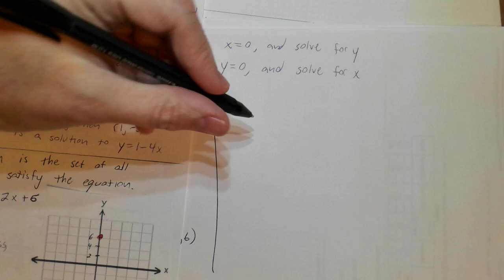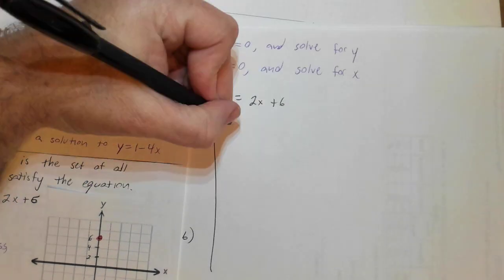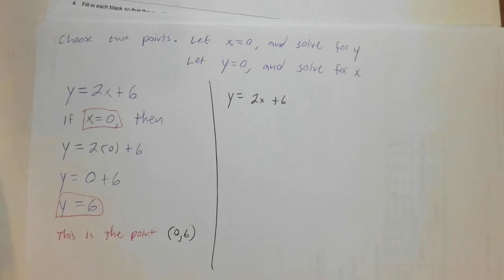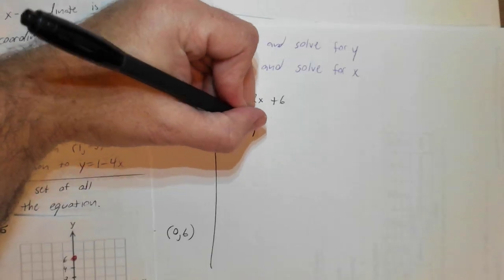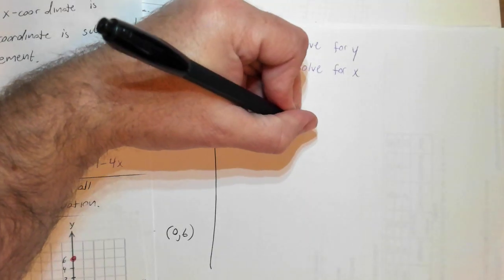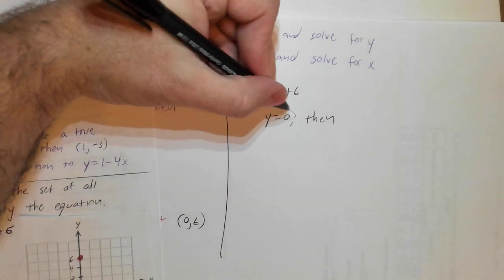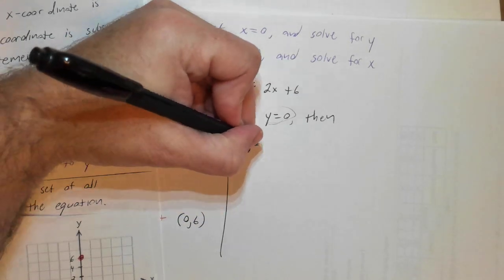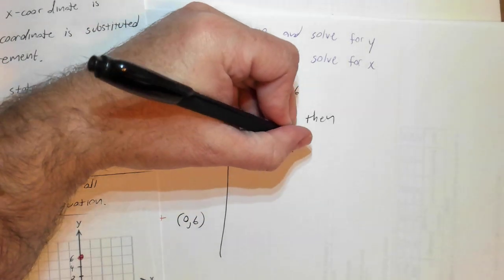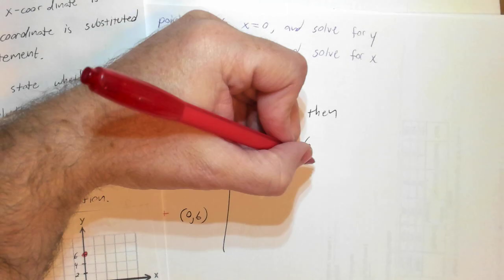So y equals 2x plus 6. If y equals 0, we're going to solve for x. So I'm just going to plug 0 in for y. I get 0 equals 2x plus 6. Now I've got to do some algebra.